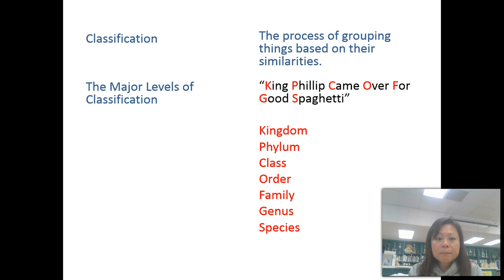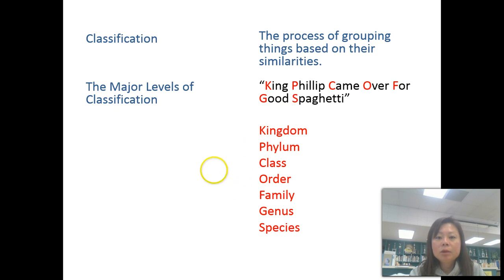Okay, so the major levels of classification are kingdom, phylum, class, order, family, genus, and species. Actually, the textbook mentions domain. The domain would be broader or bigger than the kingdom, so it would go somewhere up here. A good way to help you remember is to think of a mnemonic device.